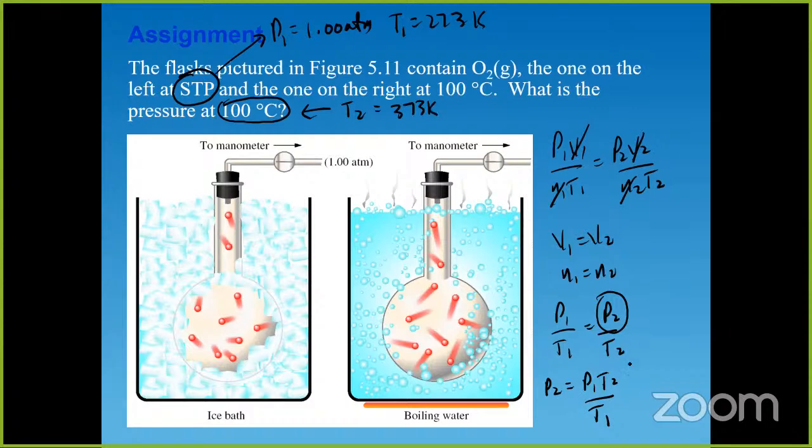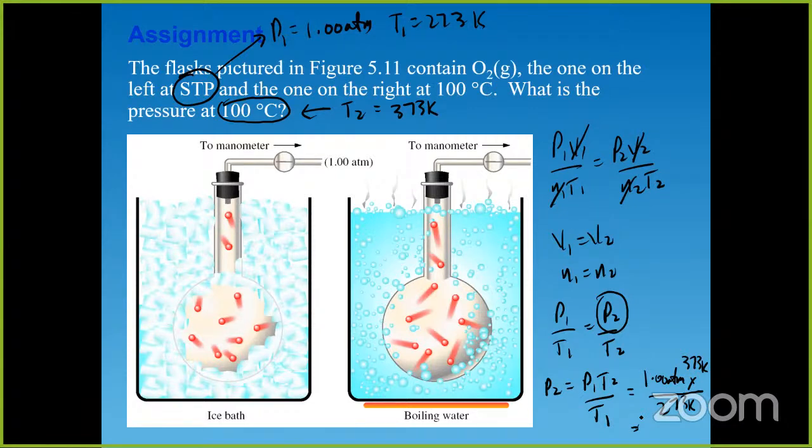All right. So we put all those numbers into this equation right here. So P1, as I said before, is 1.00 atmospheres times T2, which is 373 Kelvin, all divided by T1, which is 273 Kelvin. And basically it's 373 divided by 273.